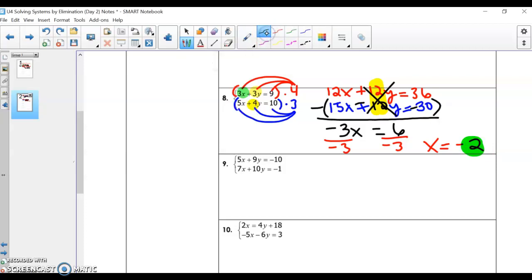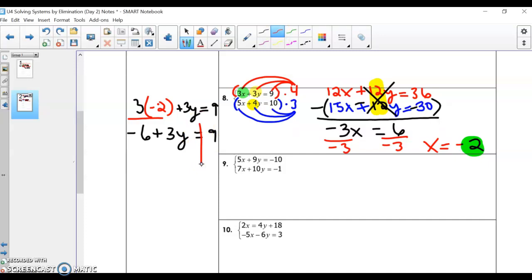All right, so I have 3 times the x we just found. In this case, it is 3 times negative 2 plus 3y equals 9. And then I just have to solve it. 3 times the negative 2 comes out to be negative 6, plus the 3y, and then equals 9. Alrighty, now you're just down to a two-step equation.